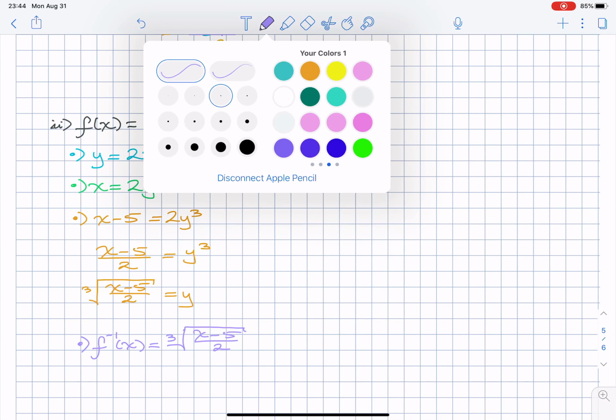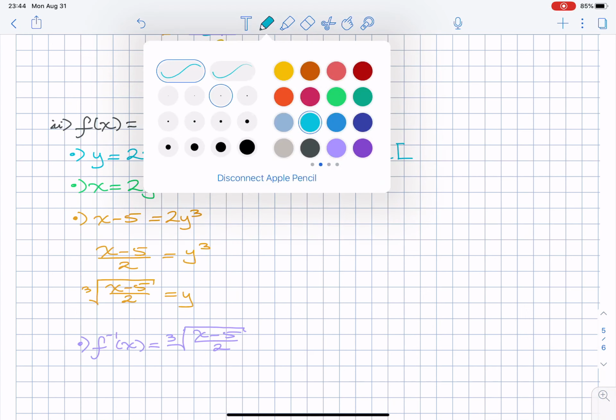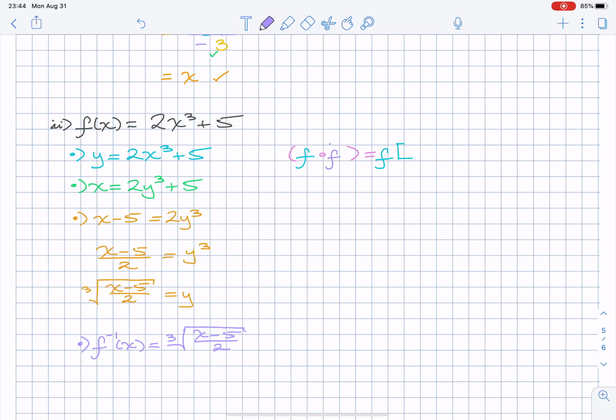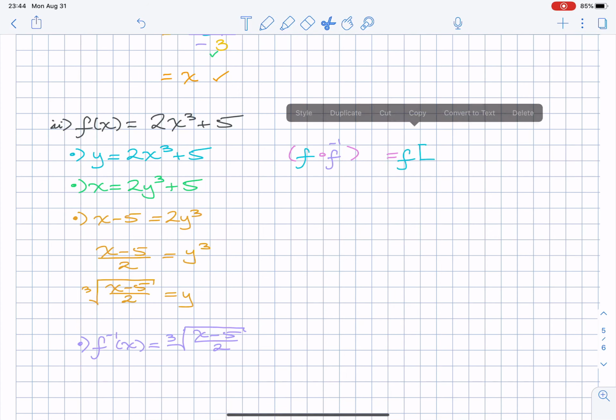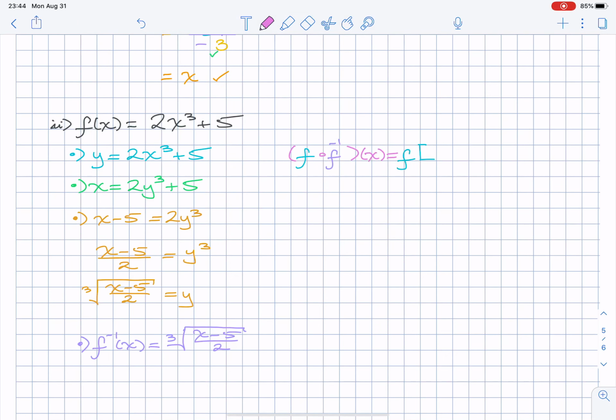So let's go ahead and evaluate f composed with f inverse of x, which means, oh, I forgot to put x. Boy, I'm really batting 1,000. Okay. Let me move this forward. So f composed with f inverse of x. There we go.